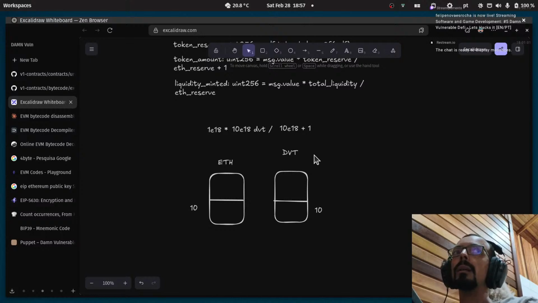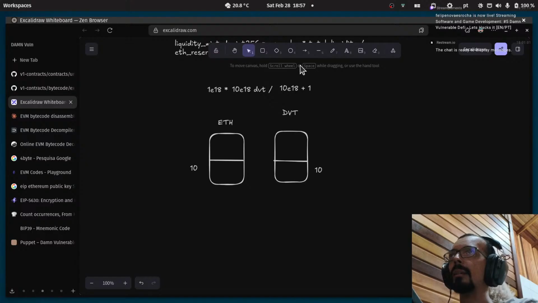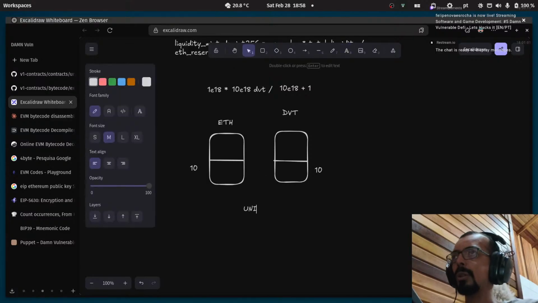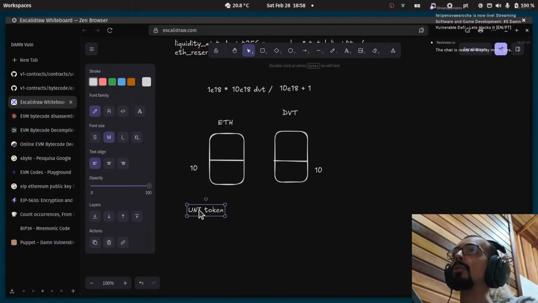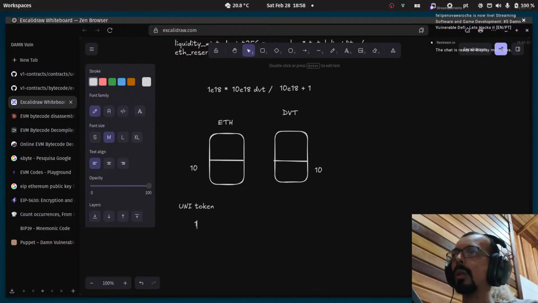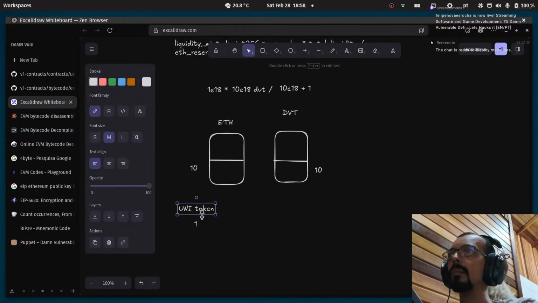Whoever adds liquidity is going to have a balance representing these values. So we have a unit token. So the user that added the 2 is going to have, let's say, 1 unit token.